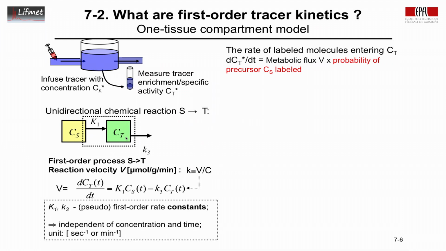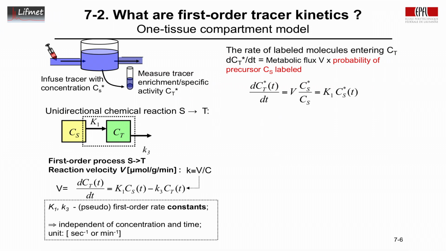The rate of radioactive molecules in CT, and just to be sure, it does not have to be radioactive, but we'll just call the term radioactive, or labeled molecules, is equal to the metabolic flux, that is the flux of number of molecules per unit entering this pool, times the probability that one of those molecules is actually labeled.